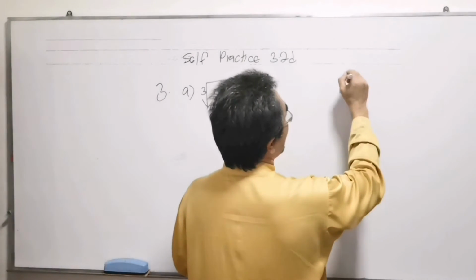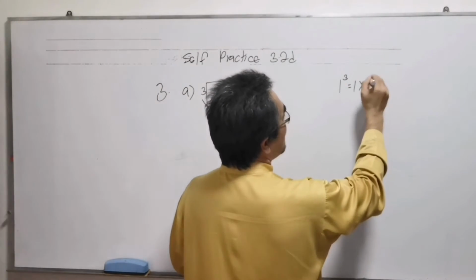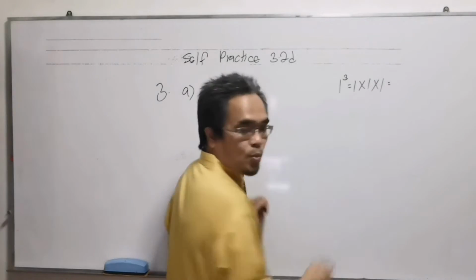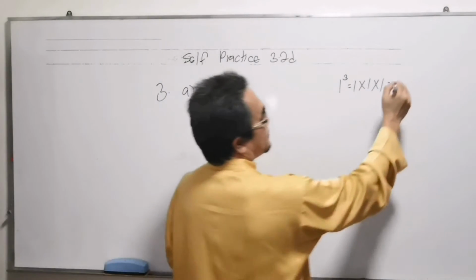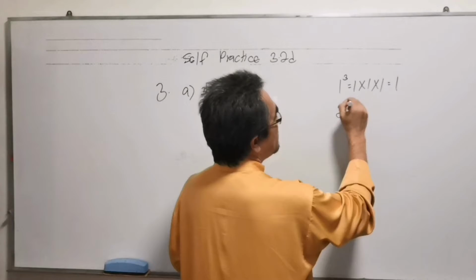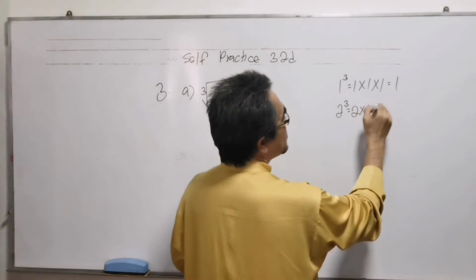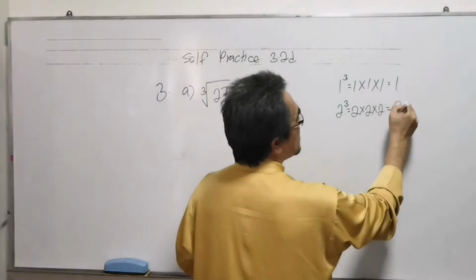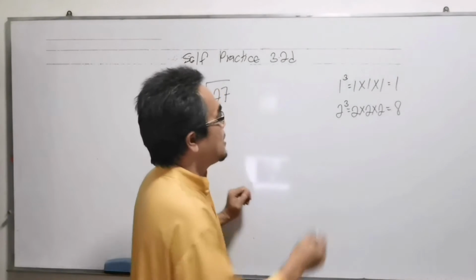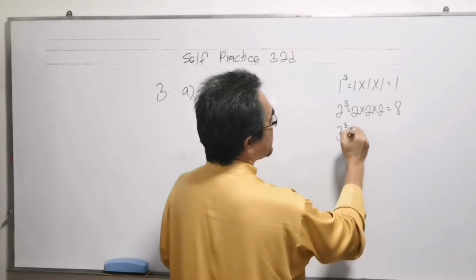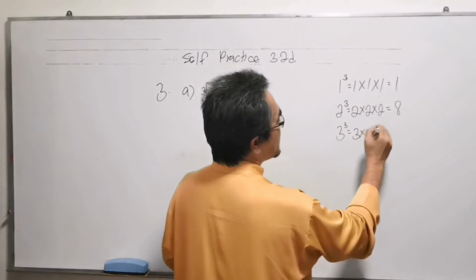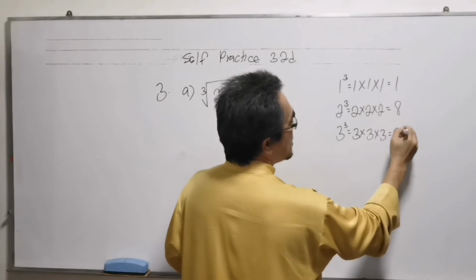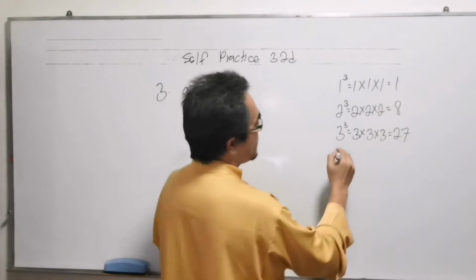So 1 cube is 1 times 1 times 1, which is 1. 2 cube will be 2 times 2 times 2, 8. 3 cube, 3 times 3 times 3, 27.